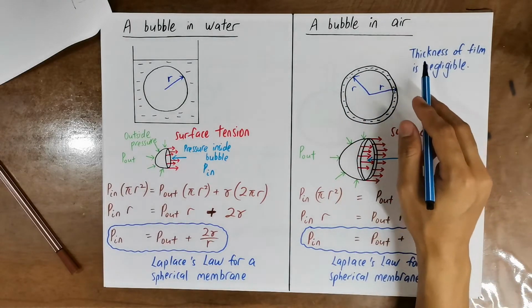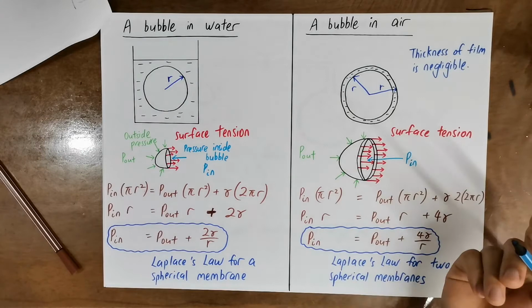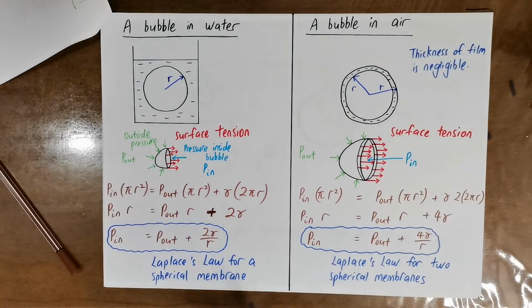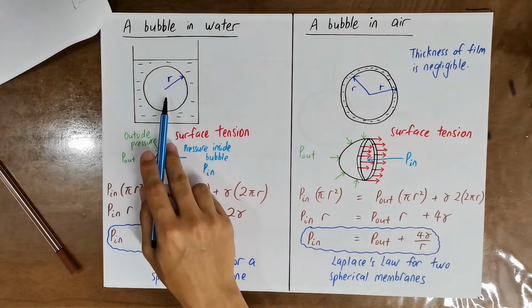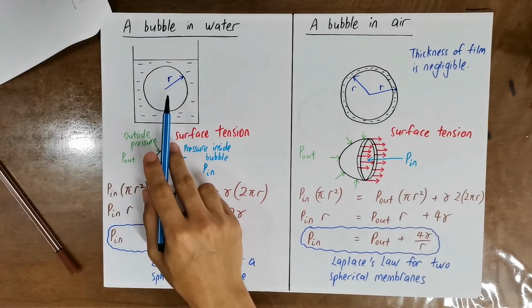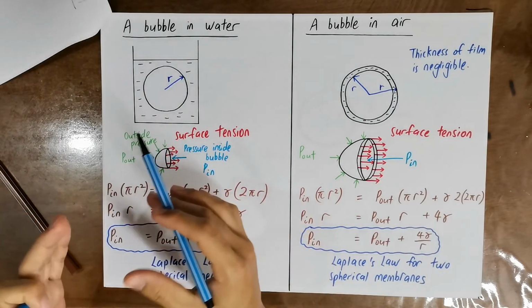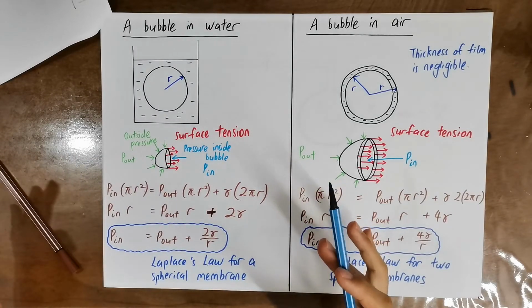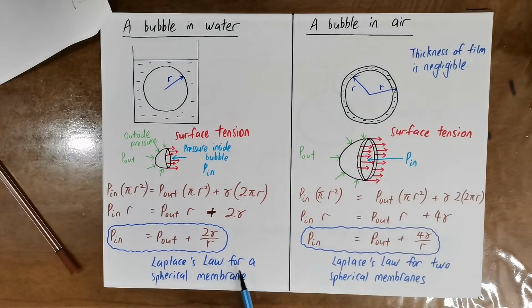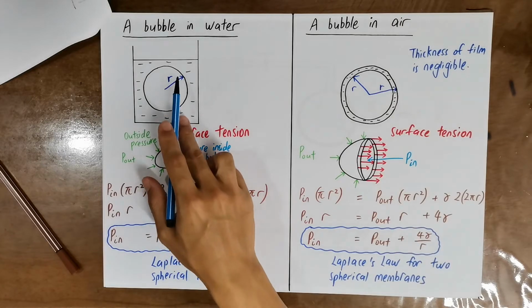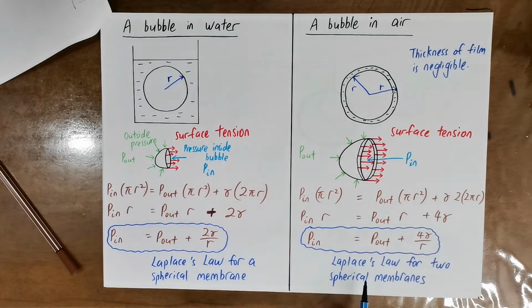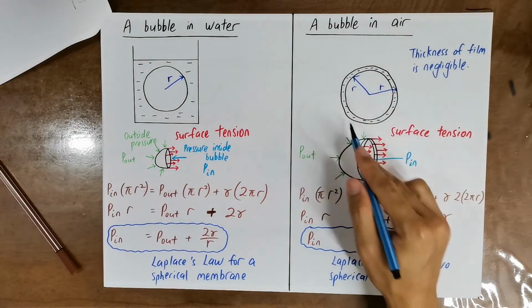The pressure inside the air bubble is slightly higher than the pressure outside the air bubble. This is the Laplace law for a spherical membrane, because you only have one interface. And this is the Laplace law for two spherical membranes, because you have two interfaces.